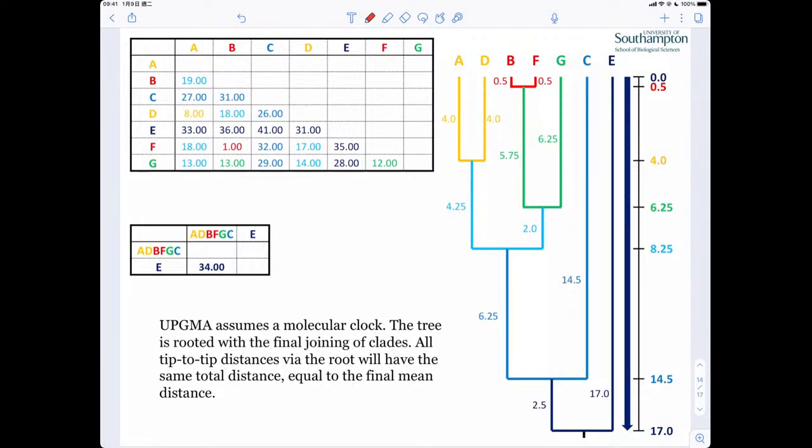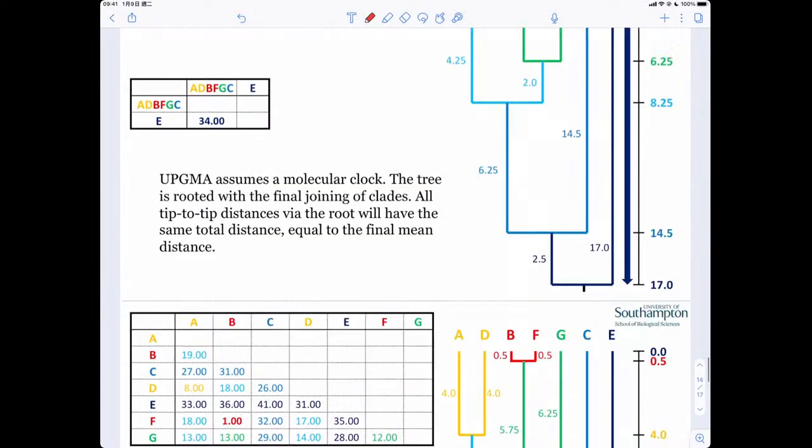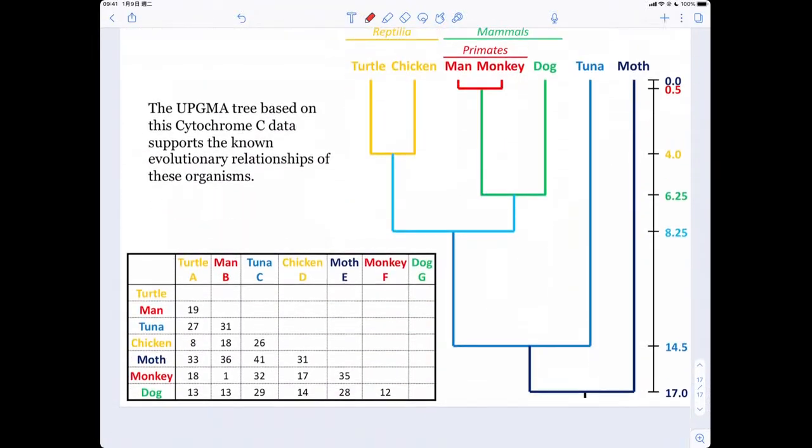So basically, UPGMA is a clustering algorithm which shows you how those data points are related. Then that's all.